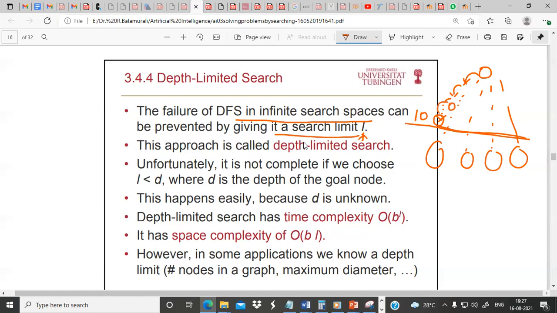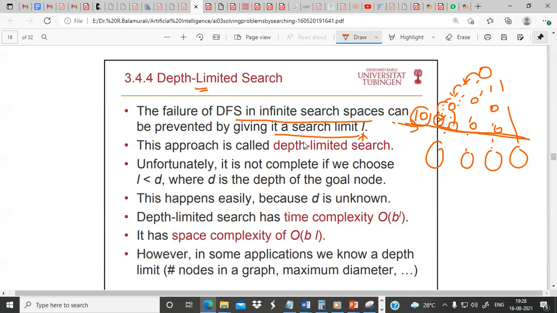Then it will go to the parent and check whether the parent has another child or not. Like that, the working mechanism is limited to a particular depth L. If you do that, that is called depth limited search. By doing that, if the solution is available somewhere within this depth 10, it is sure that we will find the solution.